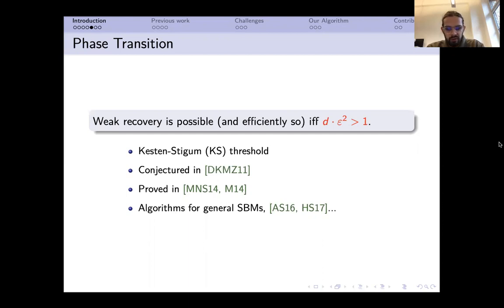This result is amazing, and it also makes the stochastic block model a very useful model to study for average-case complexity. This sharp phase transition was first conjectured roughly a decade ago and proved a few years later. Algorithms have also been developed for a more general SBM model, but we're not going to discuss that.